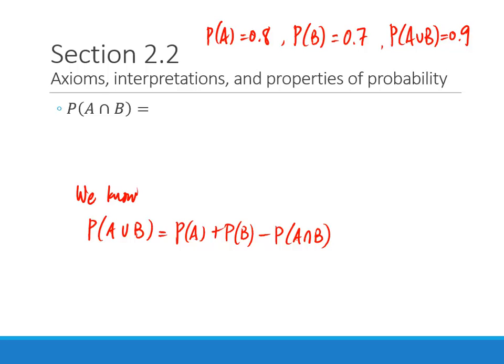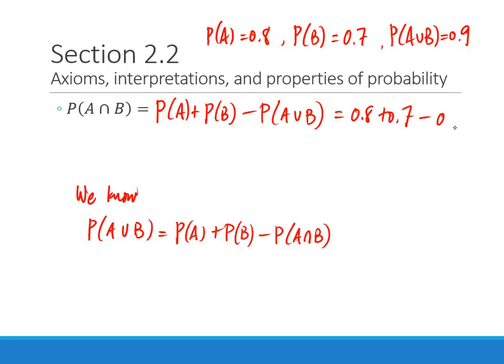So that means this is going to be the probability of A plus the probability of B minus the probability of A union B, which, if you do some math there, should be 0.6.